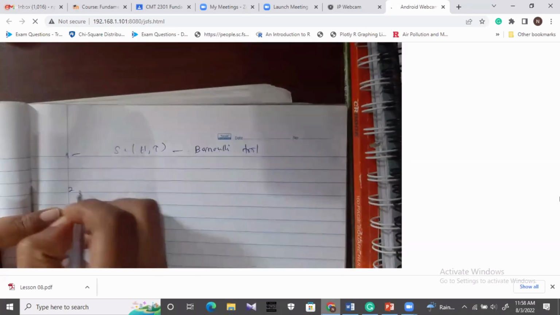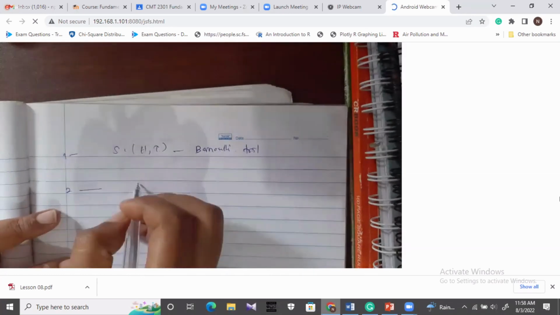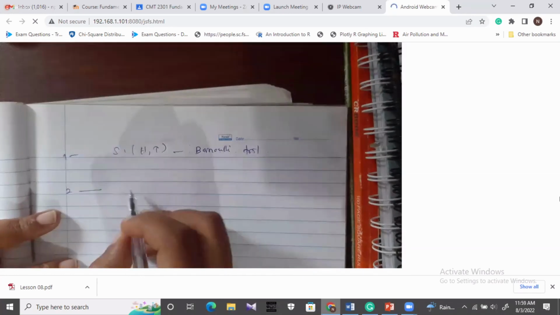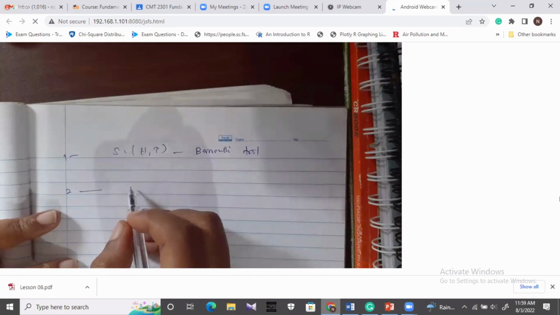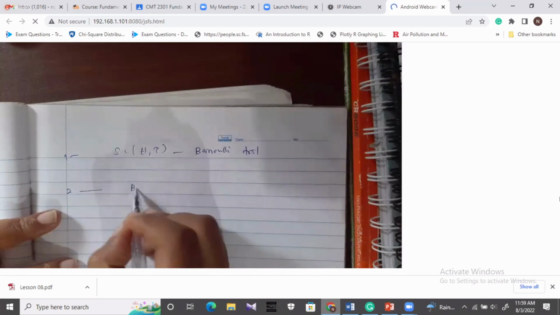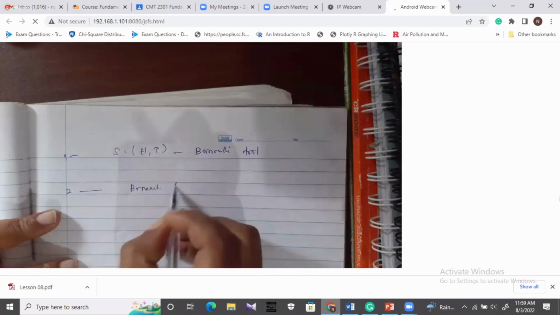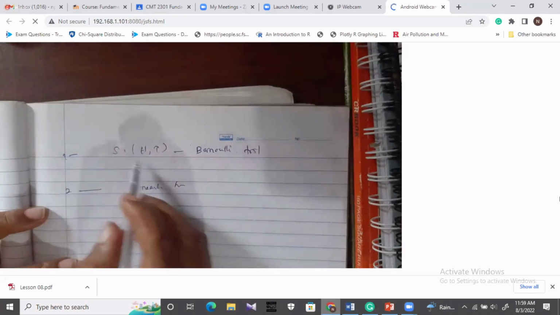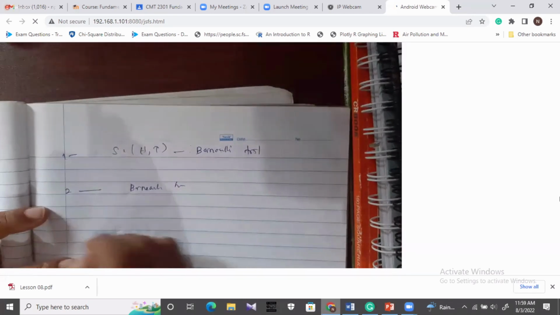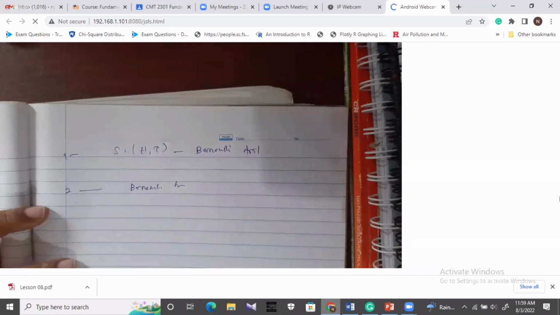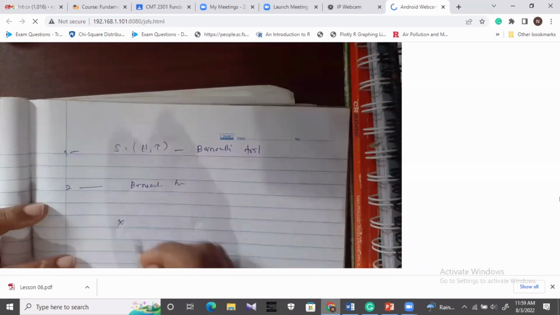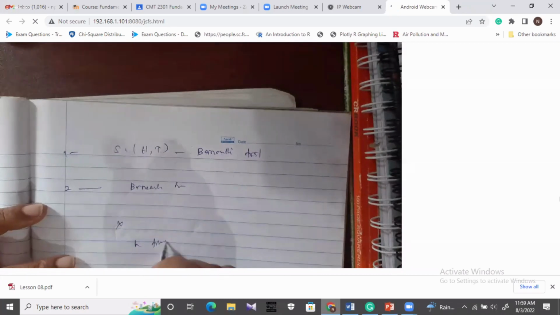If you toss the same coin again, that is the second Bernoulli trial. Likewise, you can toss that coin any number of times: 2 times, 3 times, 4 times, 5 times, n times.